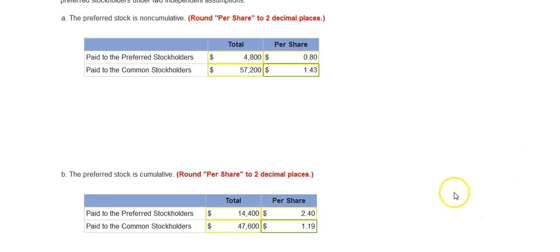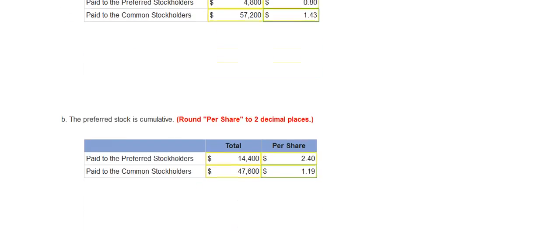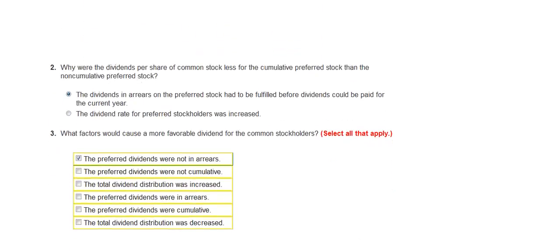They got $57,200 versus when the stock was cumulative, $47,600.